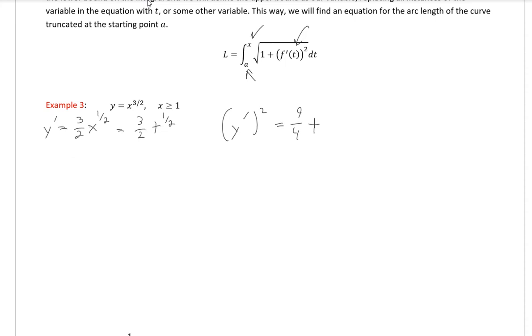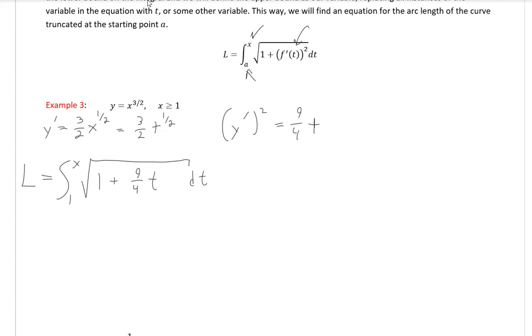So then overall we have our length as the integral from our starting point 1 up to x of the square root of 1 plus f prime of t squared, which we found to be 9/4 t, dt. That's a nice and easy one.